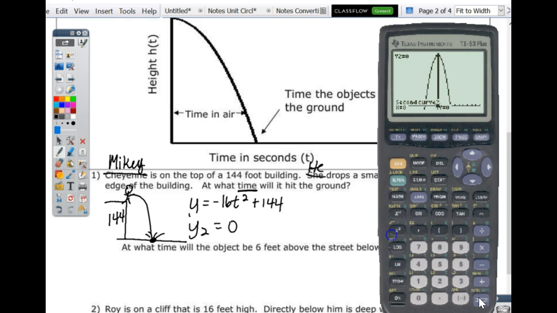Push enter again. Do I care about the second curve? I don't. Push enter again. Do I ever let you guess in here? Never. Push enter again. And look, Mikey, it only takes you 3 seconds to fall off the top of the building. That's it.